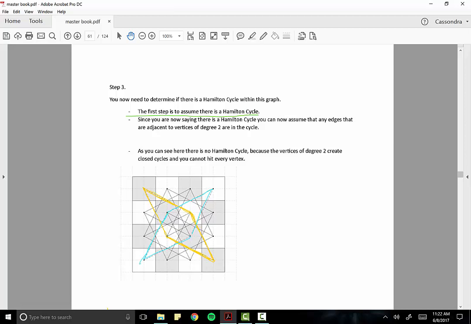So I can say that there is no Hamilton cycle because the vertices of degree 2 form their own cycle. Okay? This isn't always going to help you, but in most cases it will.